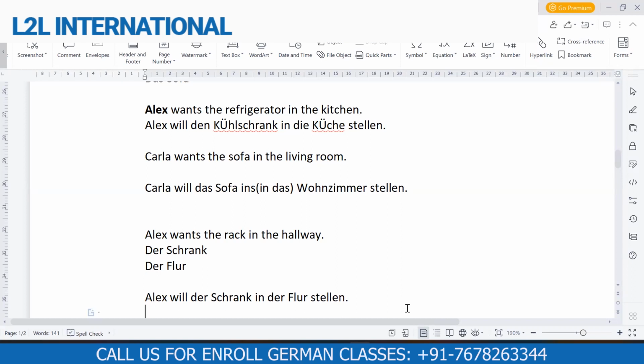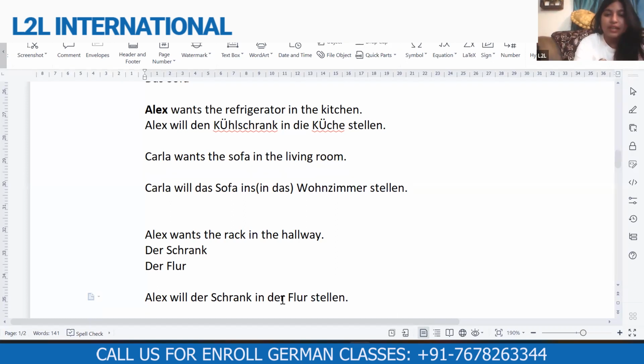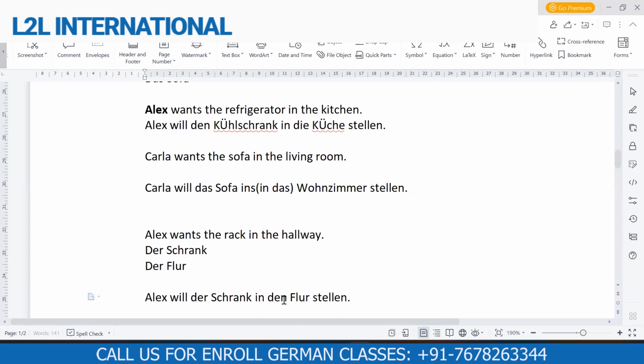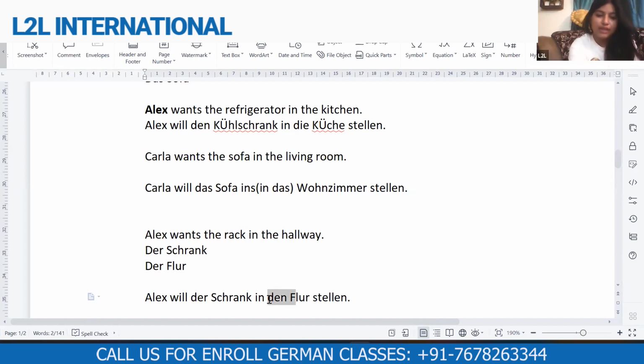So it says that Alex wants to keep the rack in the hallway. So it shows that we are using the verb stellen, which is an accusative verb. So we need to make the sentence in accusative, and accusative there changes to what? Der Flur changes to den Flur.